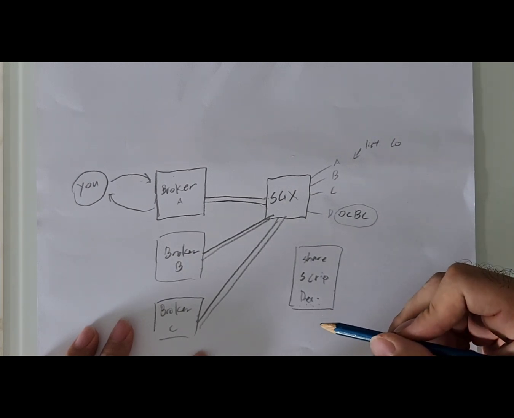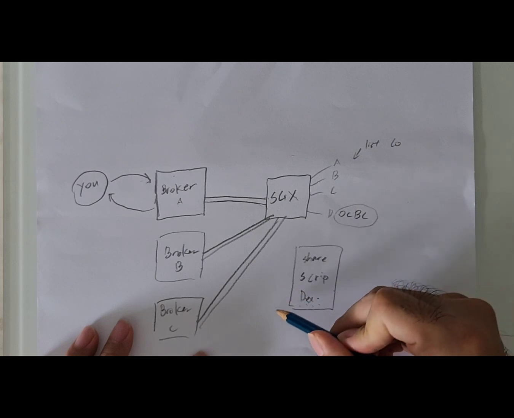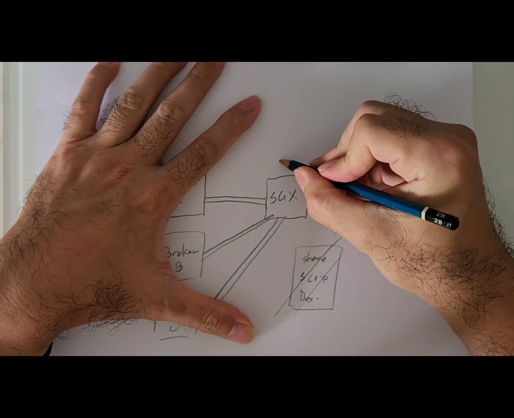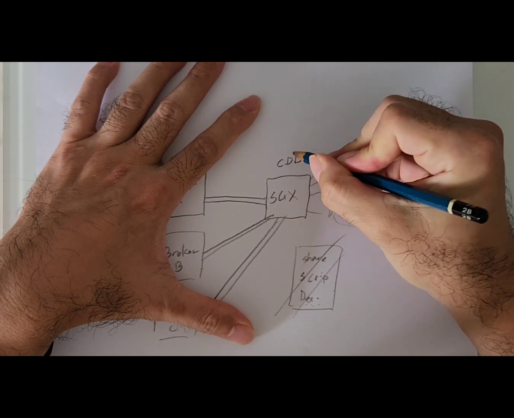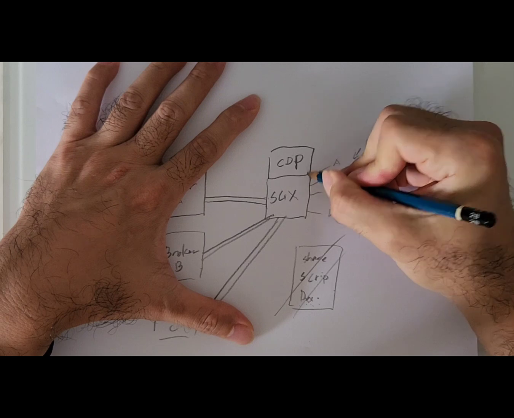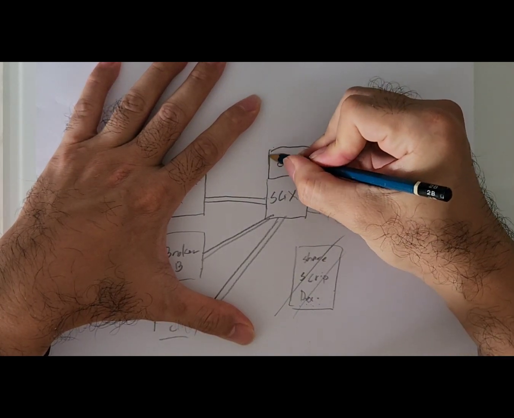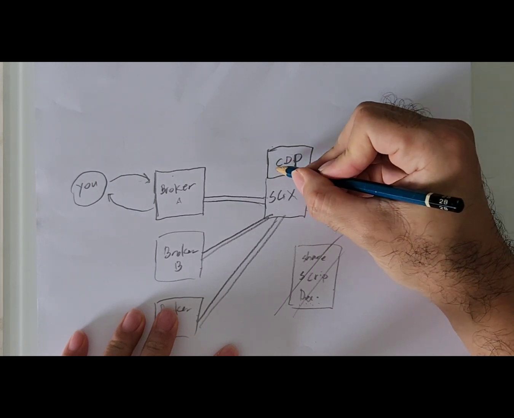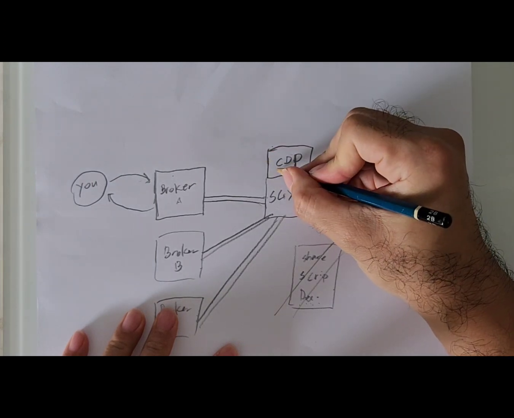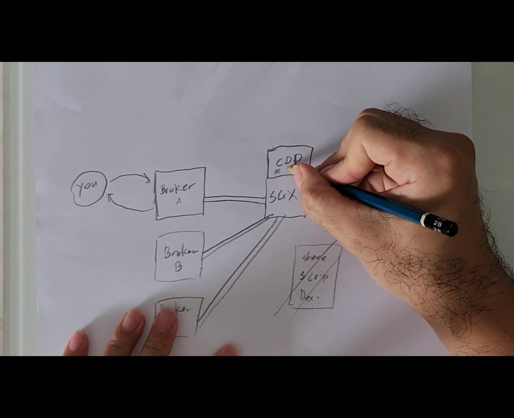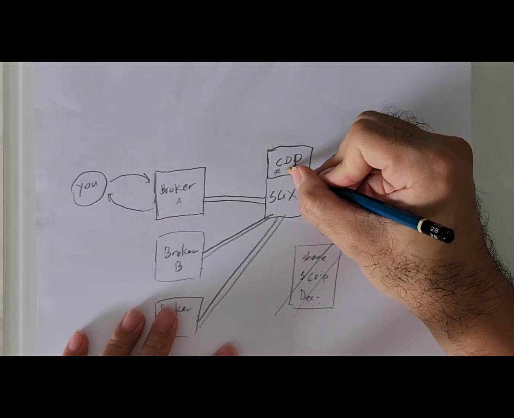In order to make things more efficient, they did away with the scripts, and they formed something called the CDP. CDP is linked to the exchange, and the CDP basically keeps the ledger of everybody's account and how many shares they own.